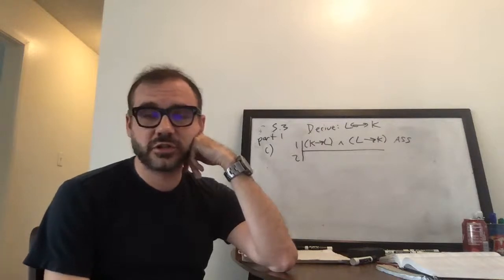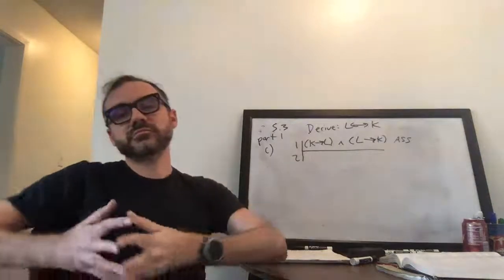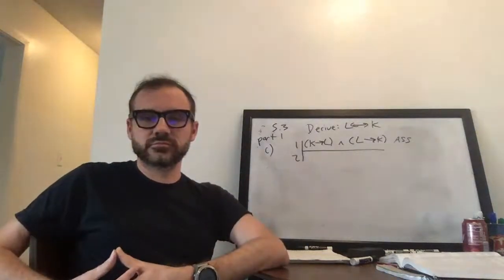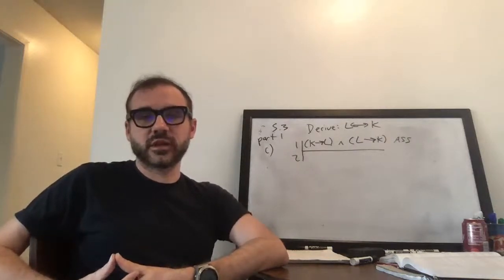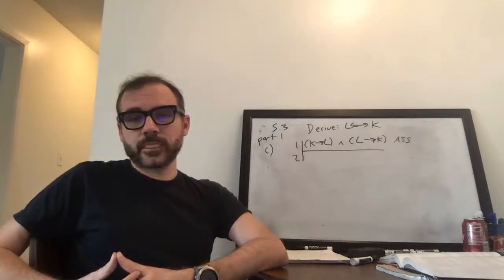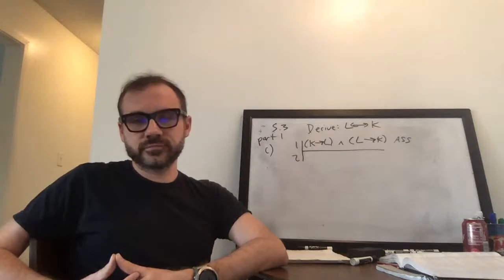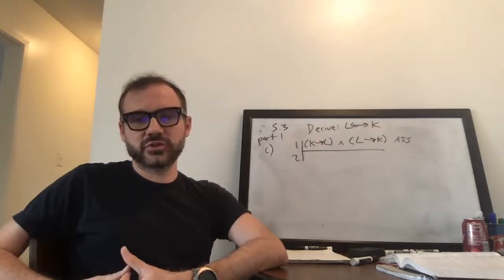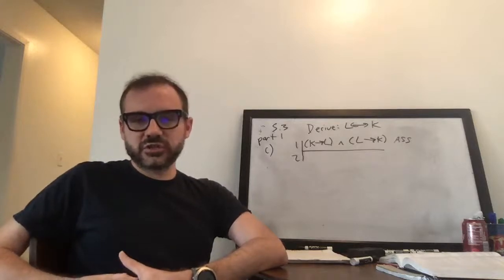Biconditional introduction, you need to know that. I'm literally telling you what rule to do. Okay, so Jamie, no, you don't assume K then L, because that's not how biconditional introduction works. So how does biconditional introduction work?